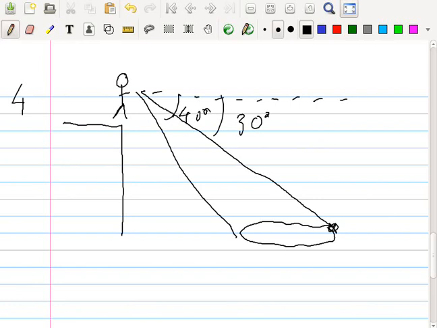Right, so what's the angle in between them going to be? 10. So here has to be 30, and then this one here, 10.